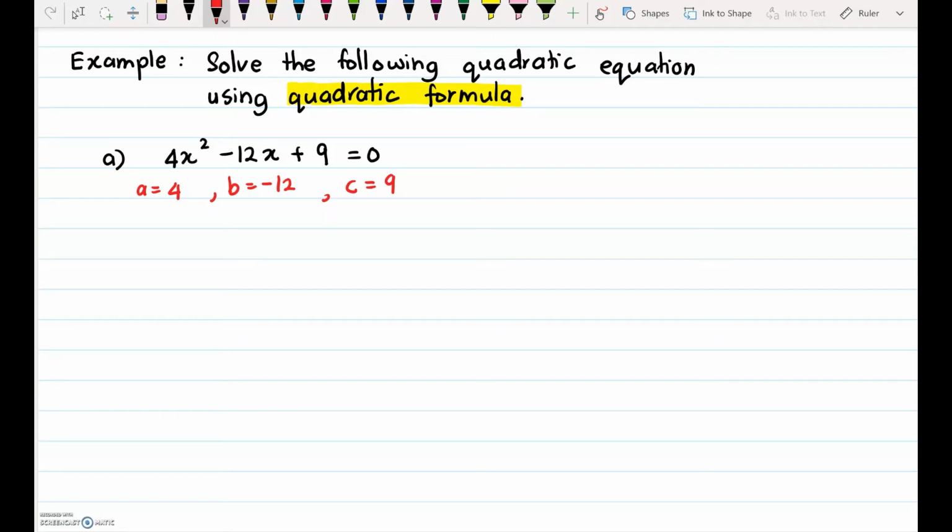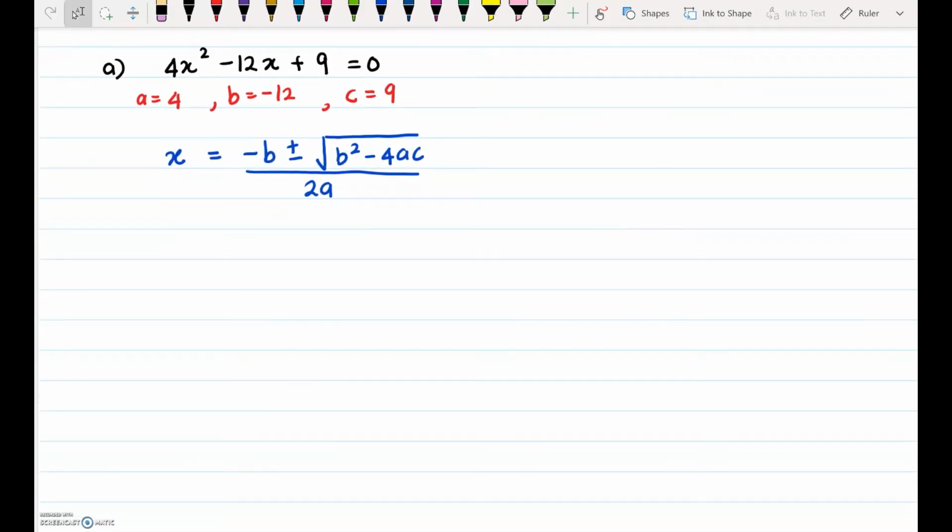Okay. So by using the formula, you need to memorize the formula. The formula is x equals to negative b plus minus, and then square root b squared minus 4ac divided by 2a. So we just substitute the value for each term.